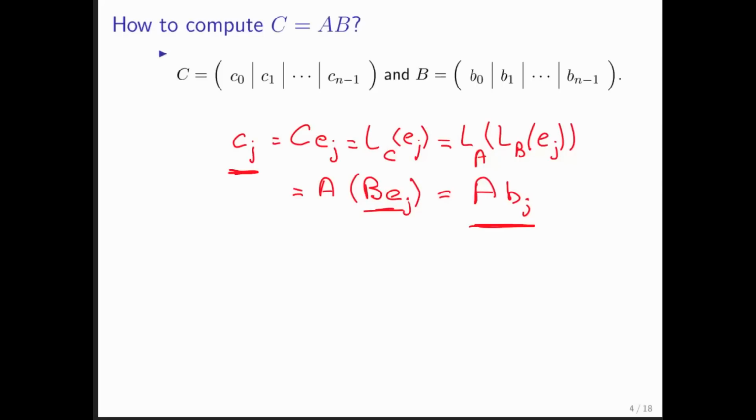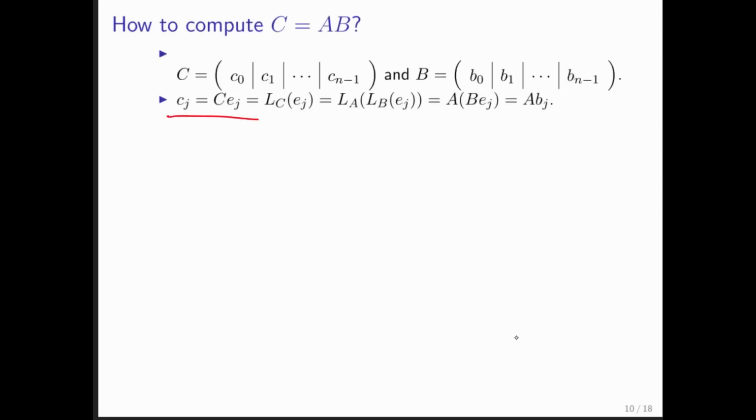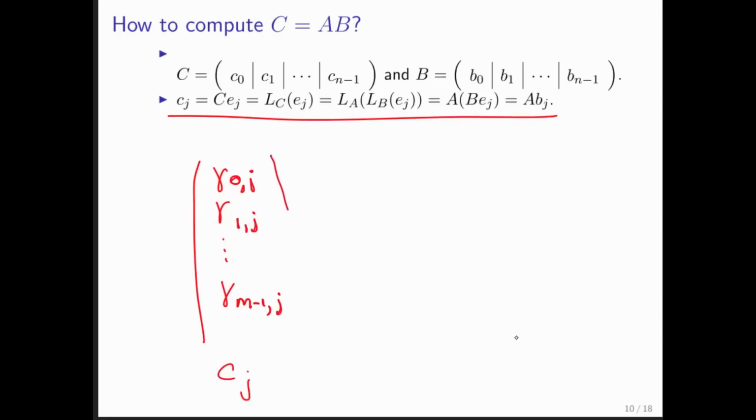And we know how to perform a matrix-vector multiplication. So let's summarize that up here and let's move on. If we now look at C sub j, then we can expose the individual components of C sub j.